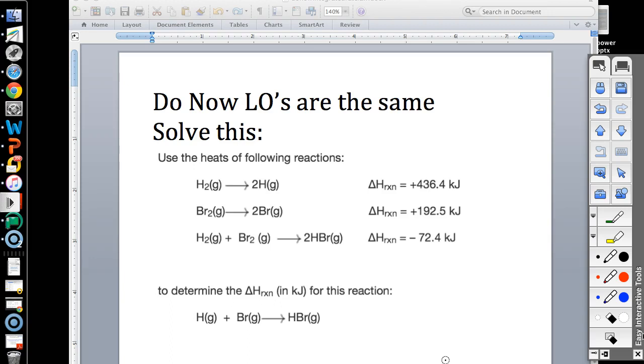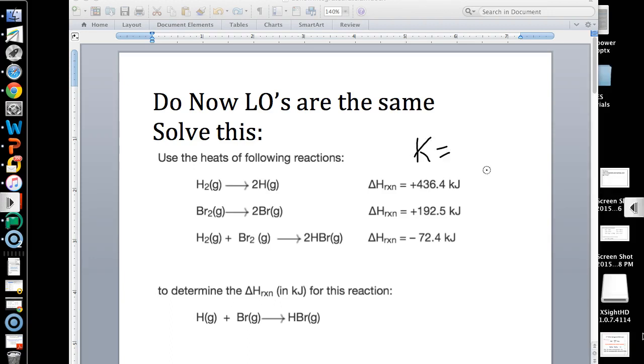So if my K for this one was 2.1, and we reverse it like we did, it would actually be 1 over 2.1. And we didn't just reverse it, we multiplied it by half, didn't we? So my K is 1 over 2.1, and the 2.1 is raised to the half power.